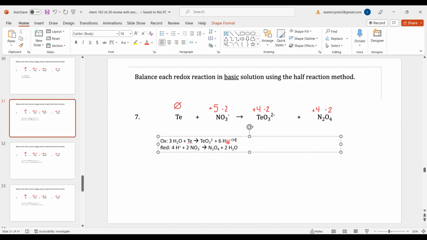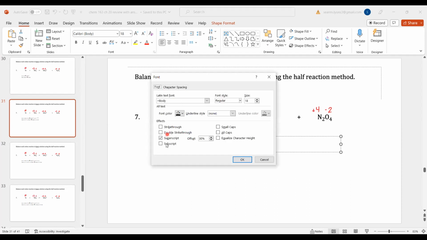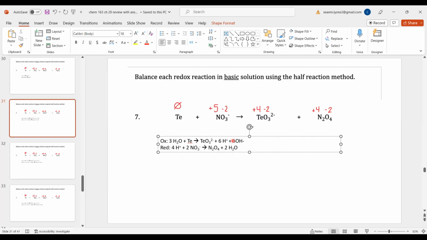we're going to need to do that. So we're going to add the hydroxide, get rid of the subscript. And then since we added 6 water molecules, we're going to add 6 hydroxide to each side. And then we'll have to do the same thing here.